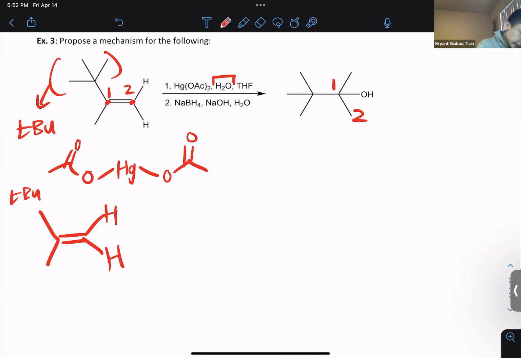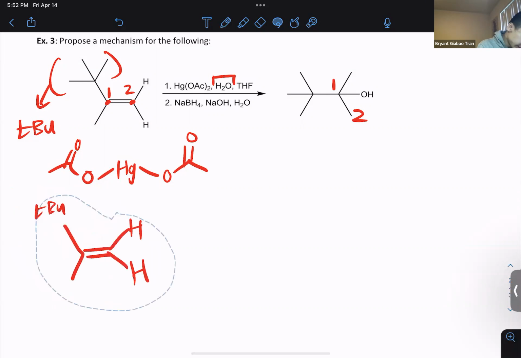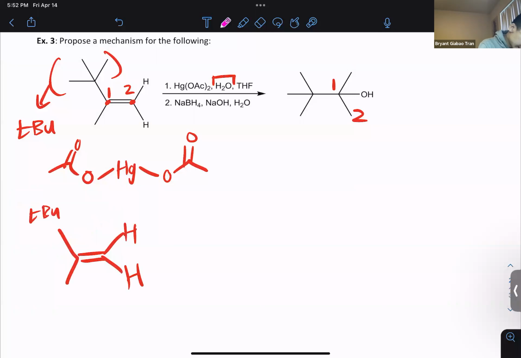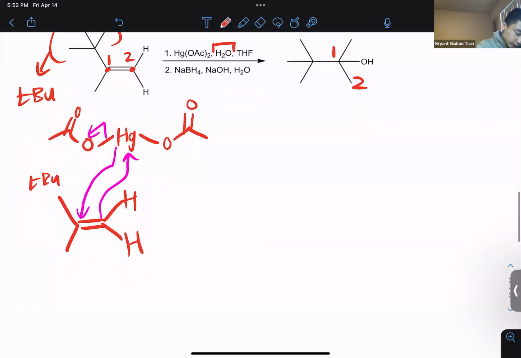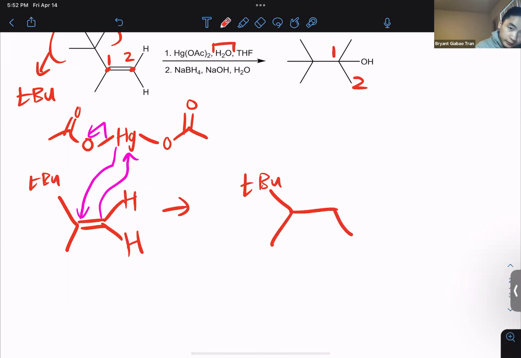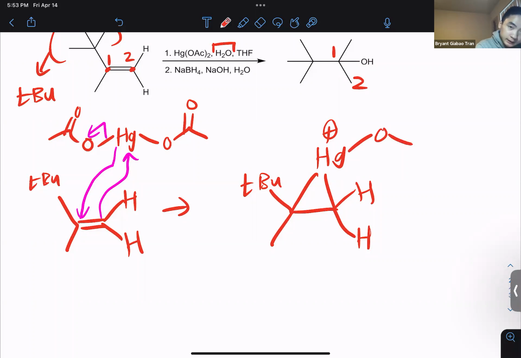Okay, and then the first step here is that the alkene will attack the mercury. As the mercury becomes more nucleophilic and the alkene becomes more electrophilic, the mercury will attack the alkene at the same time, kicking out the good leaving group acetate there. Then after that, we would form a ring with the mercury, Hg plus, that's still attached to one of the acetates.